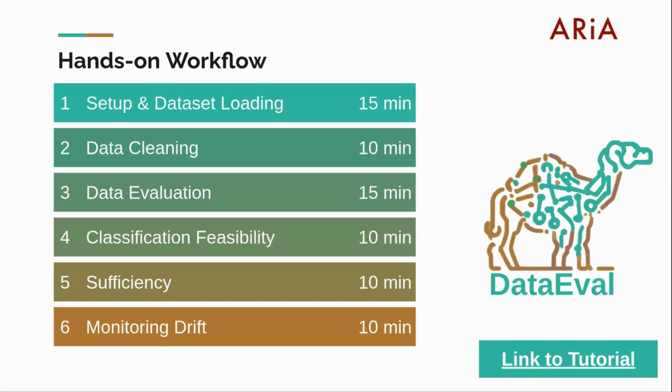So we're going to dive a little bit into the hands-on workflow now. Let me say first that this is essentially how I'm framing it. There's 6 steps. Originally, it was 6 notebooks, and if you go into the drive, there's a tutorials folder that has the 6 original notebooks.